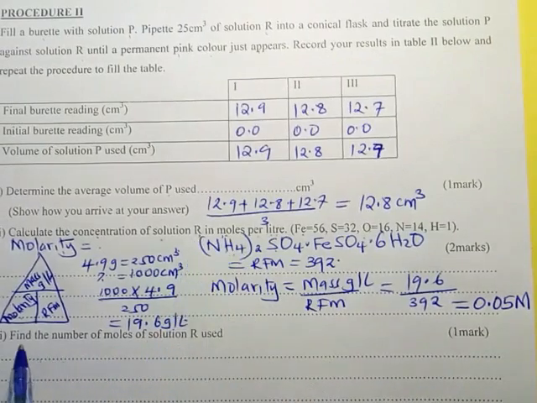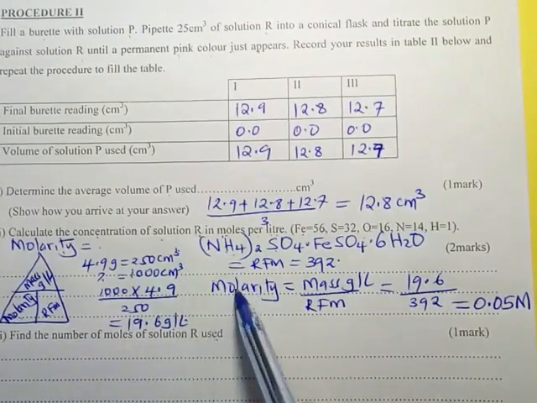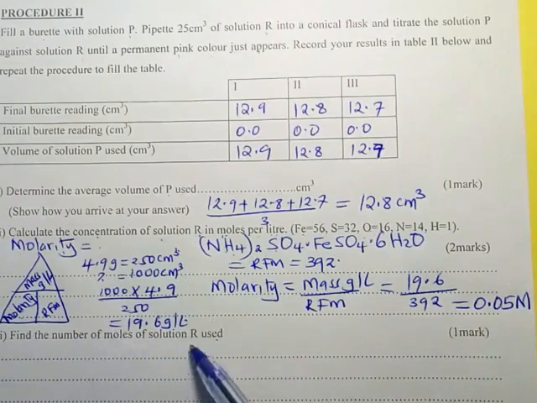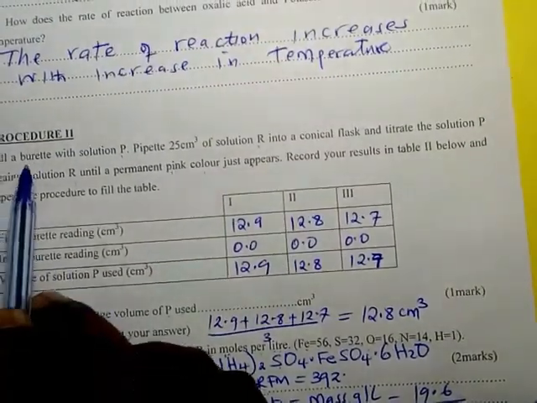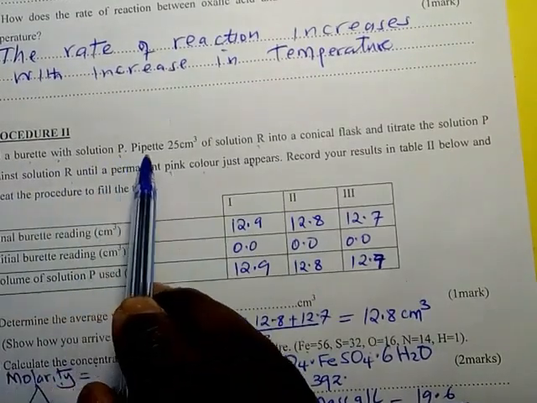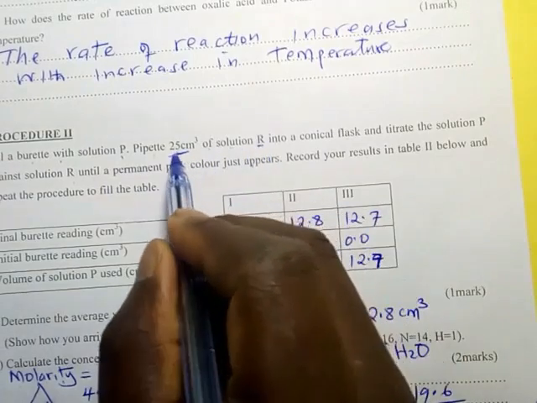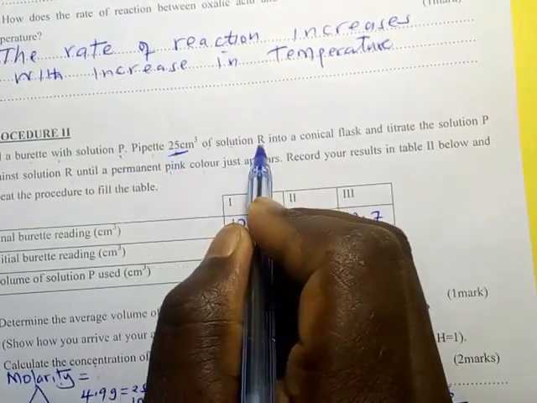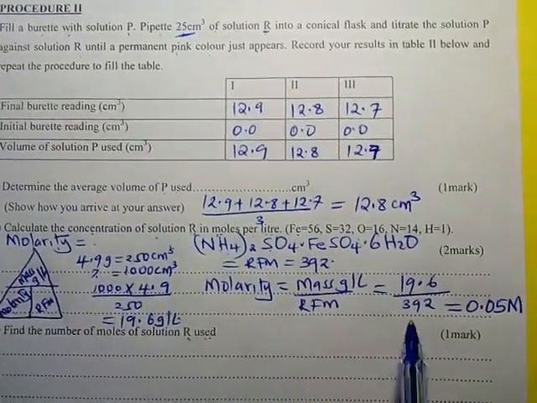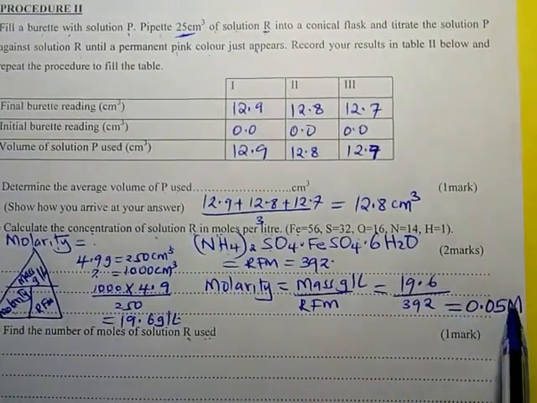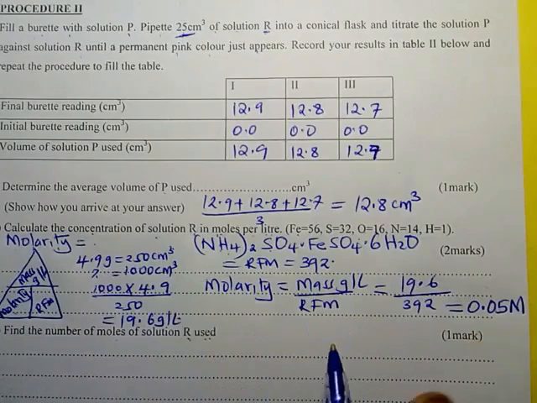Let us find the number of moles of solution R used. What was the volume of R used? You go back to the procedure: fill the burette with solution P, pipette 25 cm³ of solution R. So we have used 25 cm³ of solution R. But now we know the number of moles in 1 liter; molarity is the number of moles in a liter.